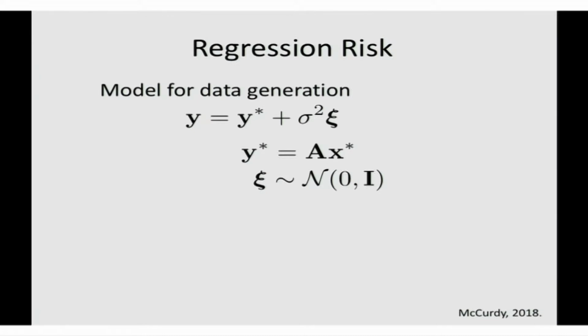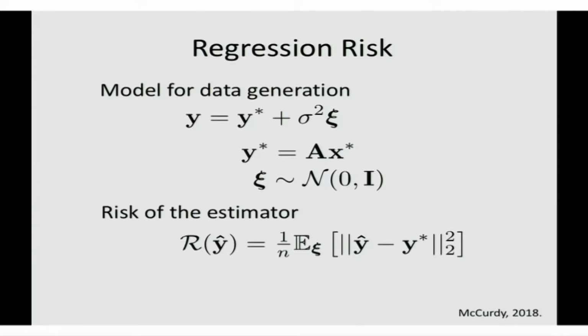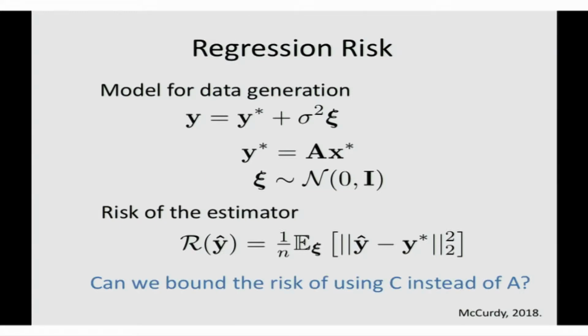So we're going to take a model for data generation, which is that our data y is generated from our fixed design matrix times some unknown coefficients, which we're trying to estimate, plus Gaussian noise. The risk of the estimator is this particular quantity. And so we'd like to ask, can we bound the risk of using our column sample matrix C instead of A in the regression problem?